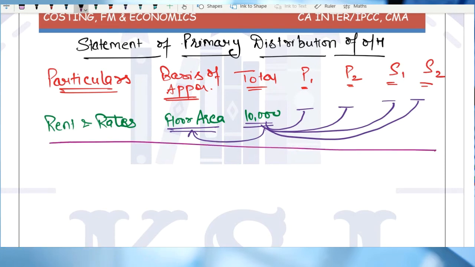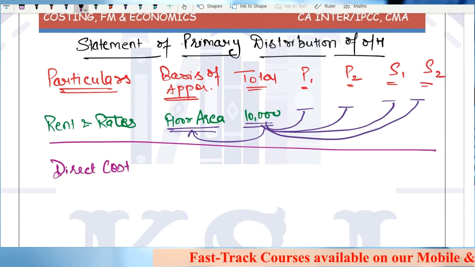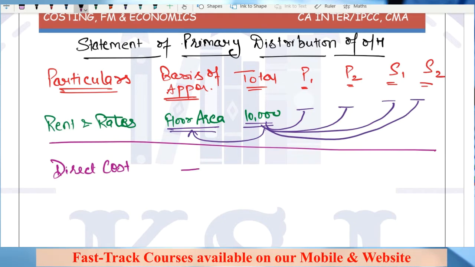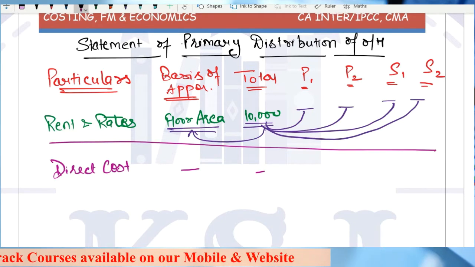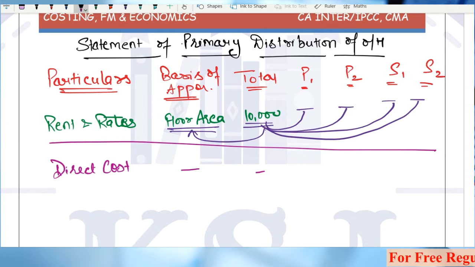Step 1: first you will take direct cost. Basis of apportionment and total, no need to write; you can skip them in the case of direct cost. Now, is direct cost to be taken for production and service departments both? Am I correct? No, sir, you are absolutely wrong.